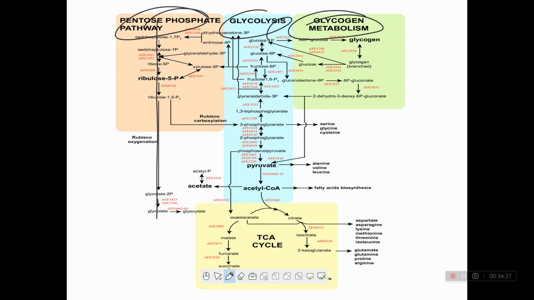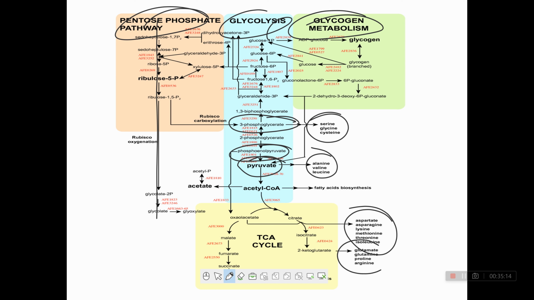In the pentose phosphate pathway, erythrose 4-phosphate is the intermediate used for the synthesis of amino acids. In glycolysis, pyruvate, 3-phosphoglycerate and phosphoenol pyruvate are used for amino acid synthesis. And here in the citrate cycle, oxaloacetate and alpha ketoglutarate are used.